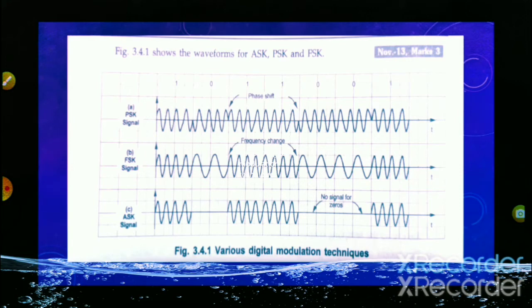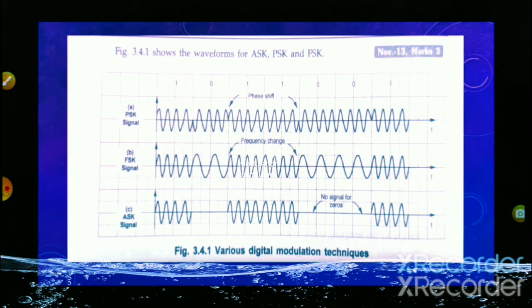Figure shows the various digital modulation techniques. First one, phase shift keying. Second one, frequency shift keying. Third one is amplitude shift keying. In phase shift keying, the phase will change, as shown in the figure.